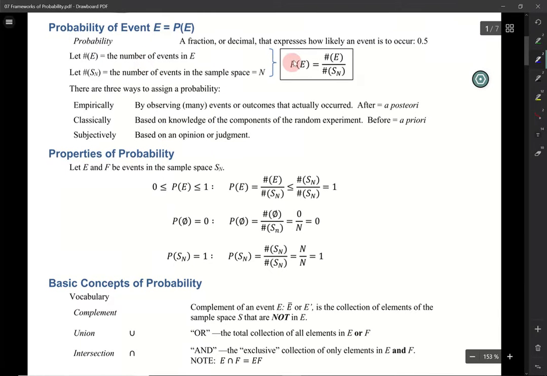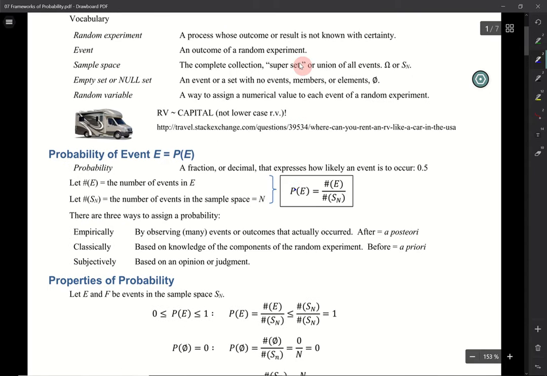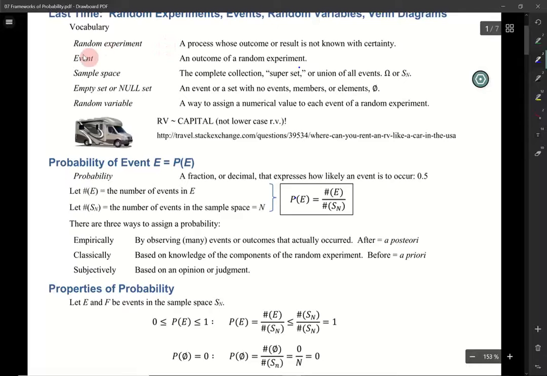Okay, and what is a probability, right? It's really a fraction or some kind of a decimal that expresses how likely an event is to occur. And so when we have this random experiment, there are possible outcomes or results of the random experiment.